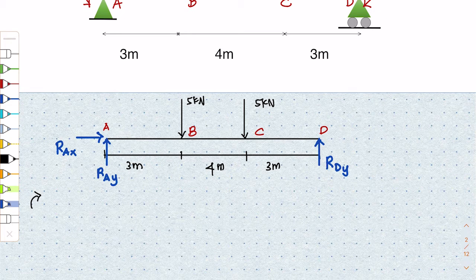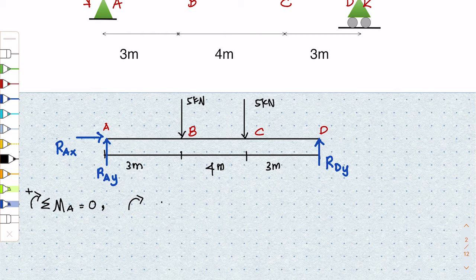So I take moment dekat A, automatically any reaction at point A will be 0 sebab walaupun RAY tu sebenarnya ada value, but because of the direction, there is no direction sebab dia dekat point A juga, so dia nak pergi mana kan, the distance also going to be 0 sebab dekat point A juga, kita take moment kat situ and the force pun dekat A juga kan, that's why dia jadi 0.